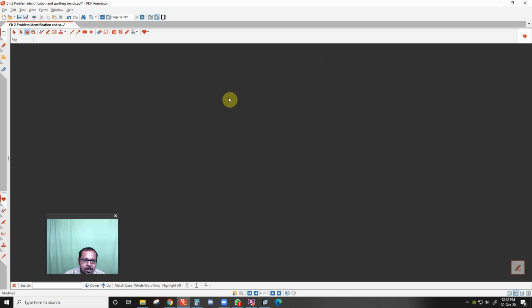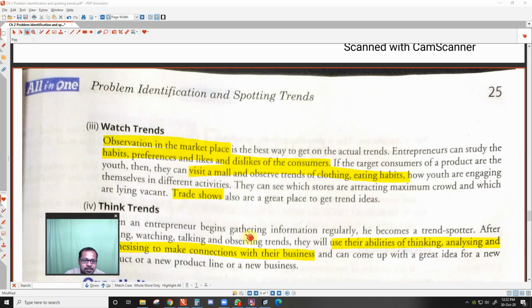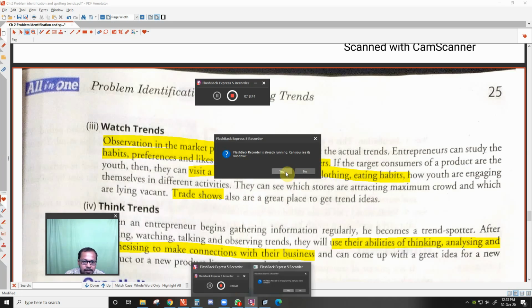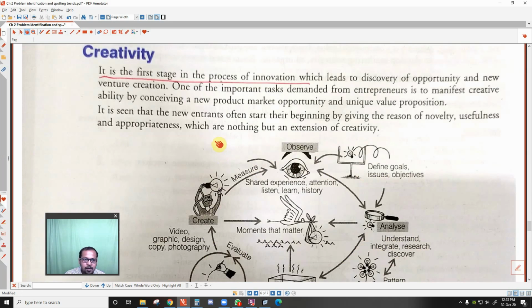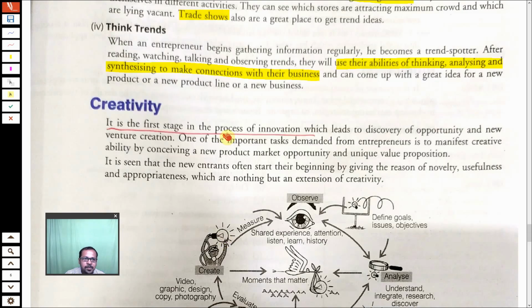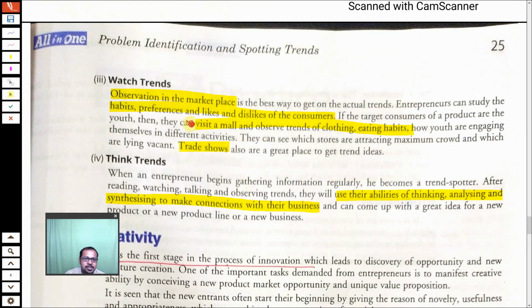So coming back to the main point, watch trends. So we need to be able to understand the market.